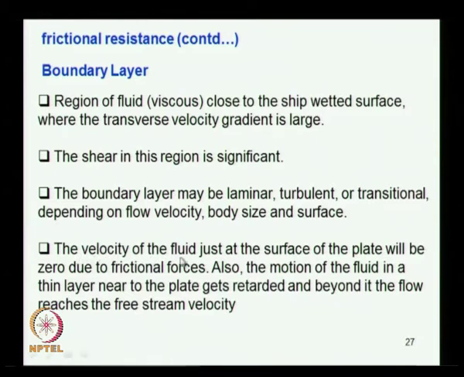The velocity of the fluid just at the surface of the plate will be due to frictional forces. So at the body surface it is due to the friction forces, there is a shearing of the layers which leads to shear stress and leads to frictional force.